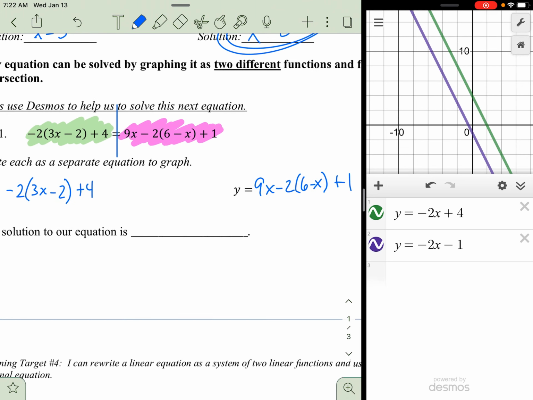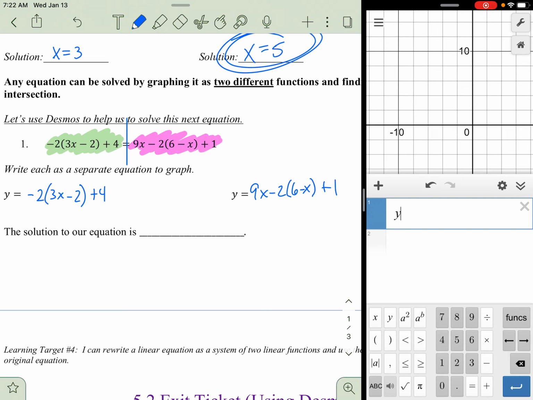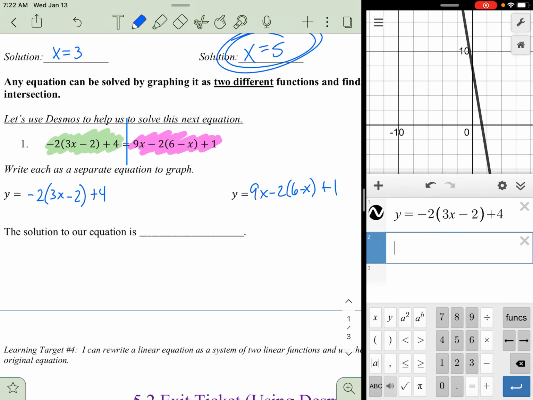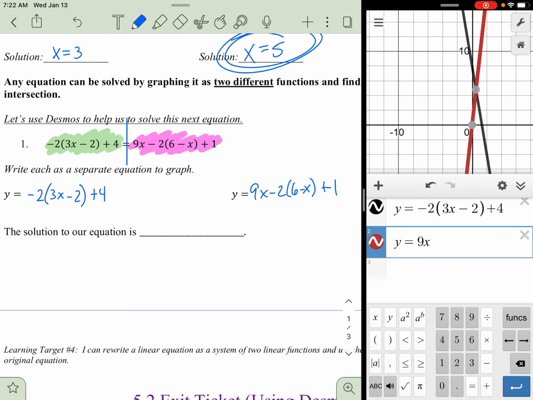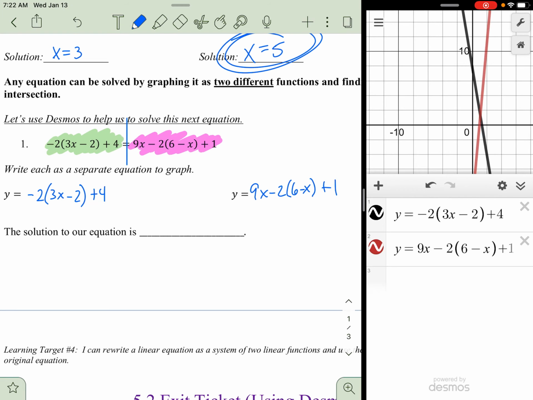All right. So the solution to our equation is, once you plug it in, y equals -2 outside the parentheses, 3x minus 2 inside the parentheses, plus 4. And y equals 9x minus 2, parenthesis, 6 minus x, plus 1.